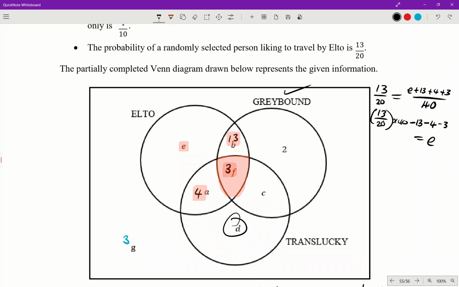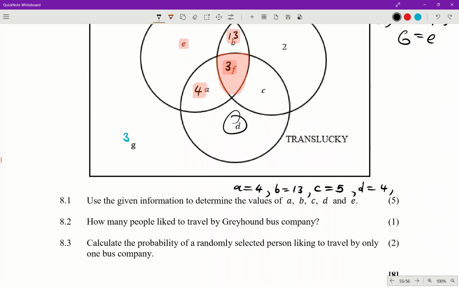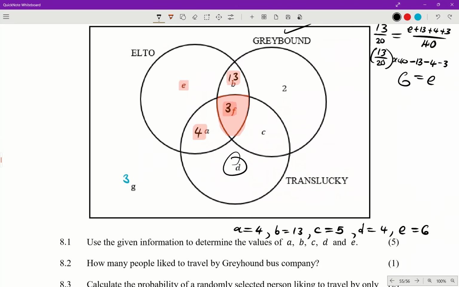You can't say 5 minus 10. No, arrange them nicely. So minus 13 minus 4 minus 3. So E is 6, guys. Make sure that you have the same value there. So E is simply 6. So make sure you have everything, guys. I'm done with that.